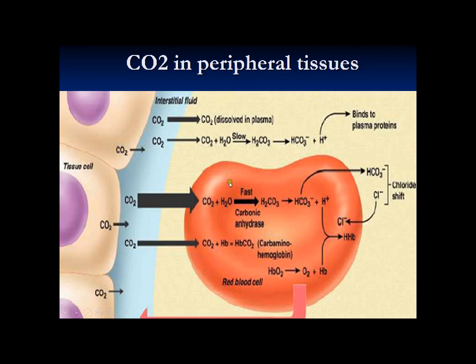So the thickness or weight of the RBC slightly increases, and these RBCs are slightly heavier and thicker than the RBCs of arterial blood.